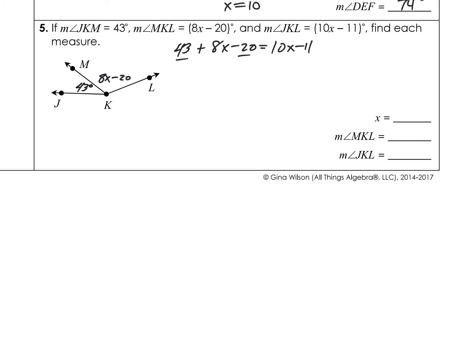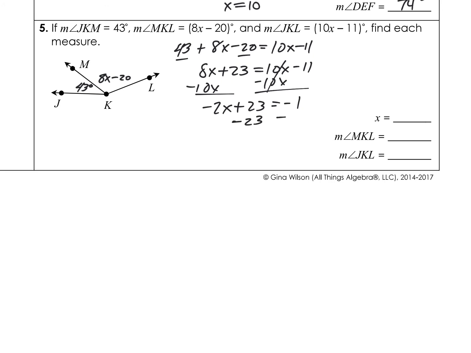And combine like terms, that's going to be 8x plus 23 equals 10x minus 11. Get the variable on one side, subtract 10x from each side. Add or subtract 23 from both sides. Divide by -2. X equals 12.